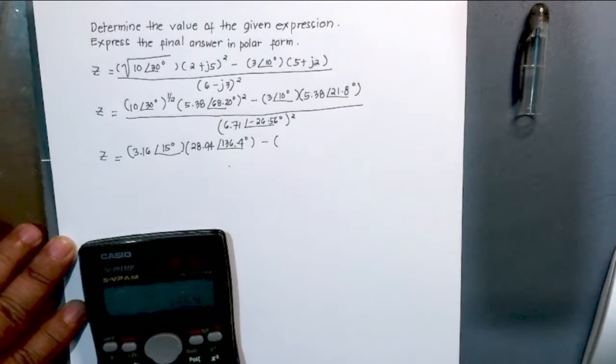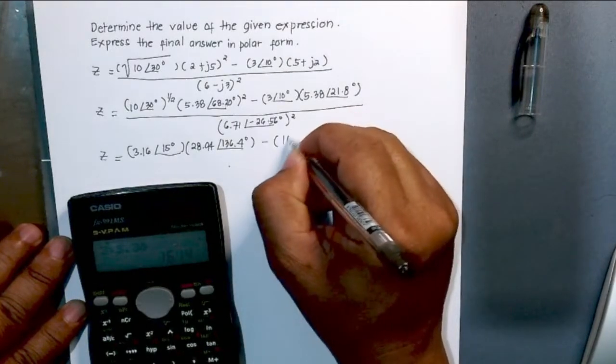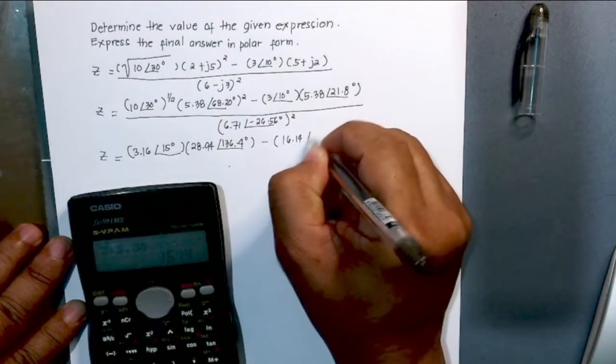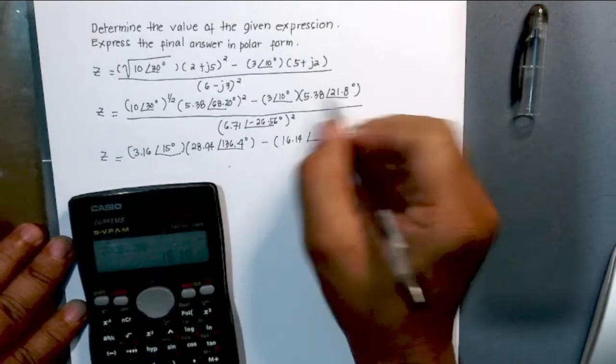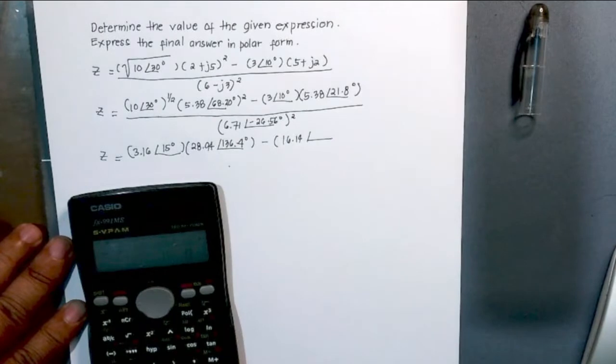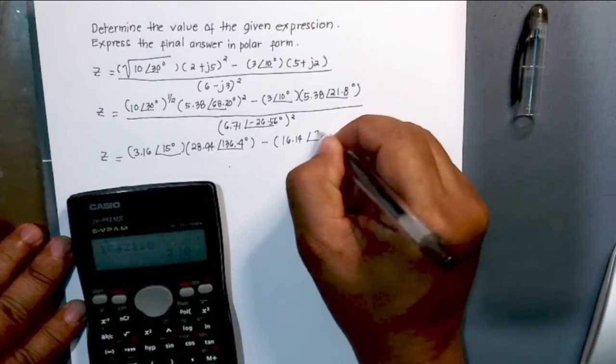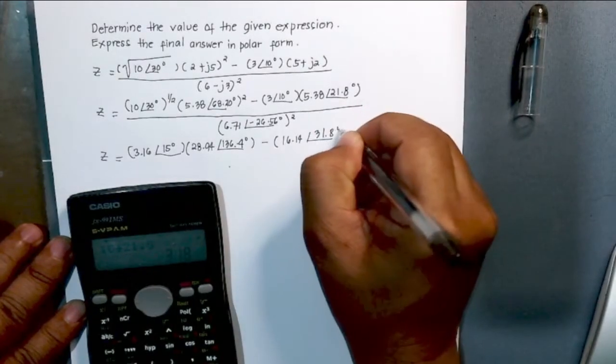So 3 times 5.38 will give us 16.14, and we add the angles, so you have 10 plus 21.8, and it will give us 31.8 degrees.